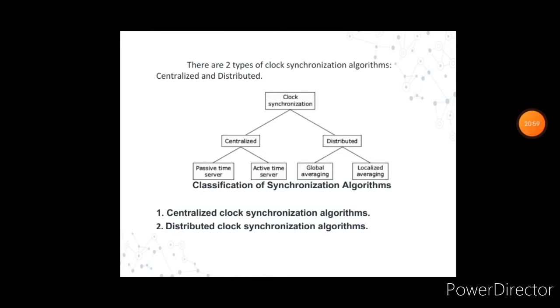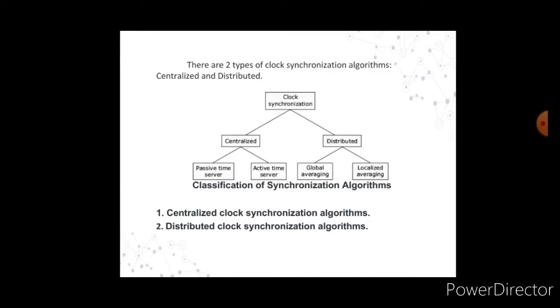And the next clock synchronization algorithm is the distributed clock synchronization algorithm. In this algorithm, externally synchronized clocks are also internally synchronized. Each node's clock is independently synchronized with real time. All clocks of the system remain mutually synchronized. Each node is equipped with a real-time receiver so that each node can be independently synchronized.